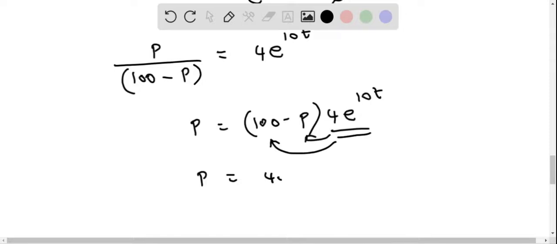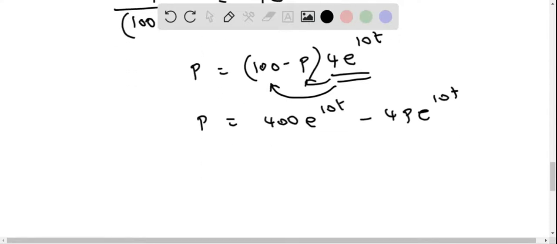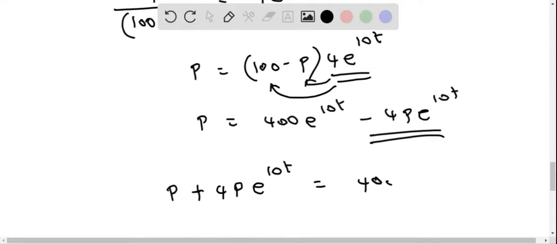So this will be 400 e power 10t minus 4p e power 10t. Now let's add this to both sides. And so on the left side we will have p plus 4p e power 10t. This equals 400 e power 10t.